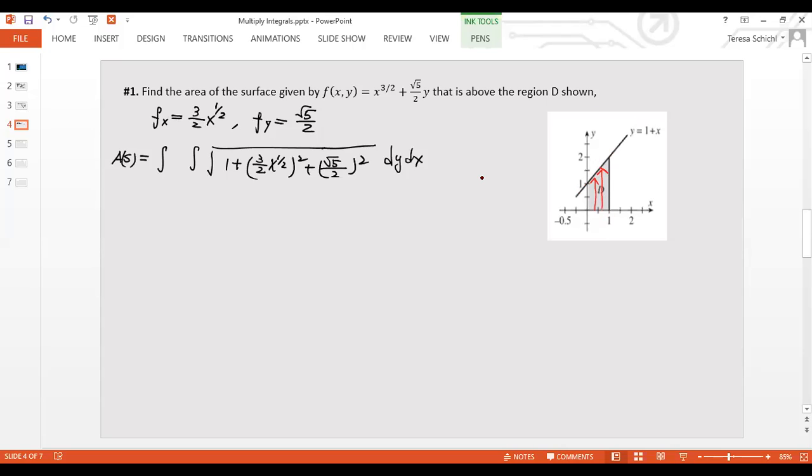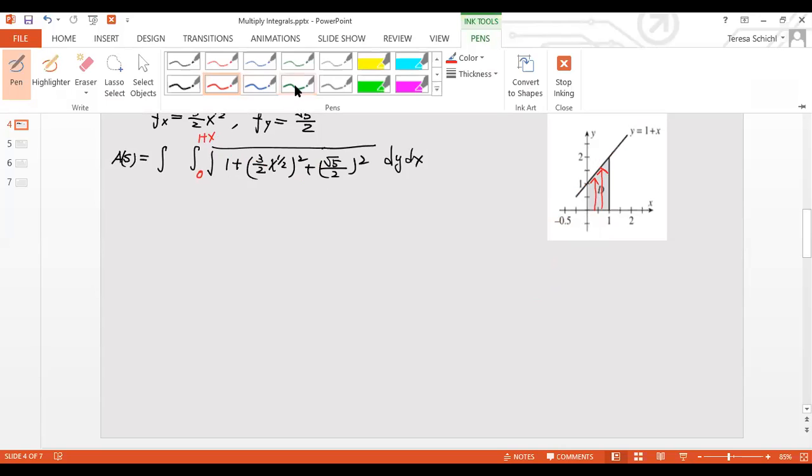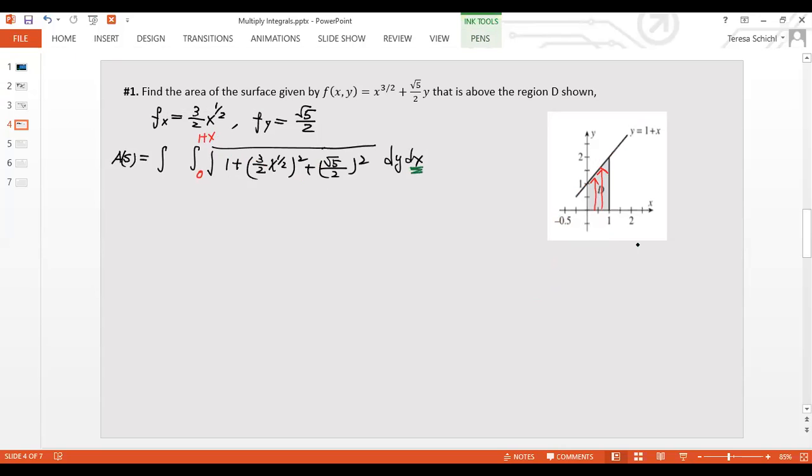So where does y start? y starts at 0 and goes to 1 plus x, right? After you finish integrating y, you integrate x, and the boundary for x is from 0 to 1. So be very careful here.